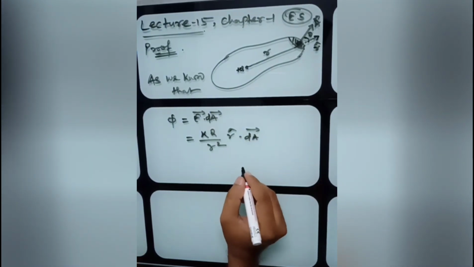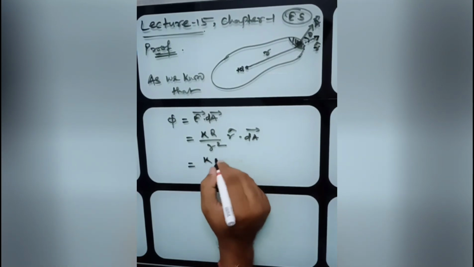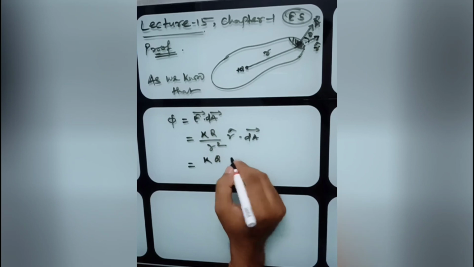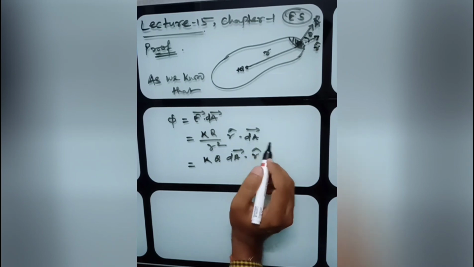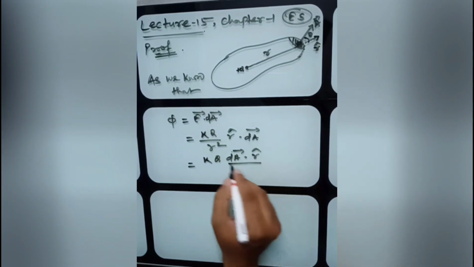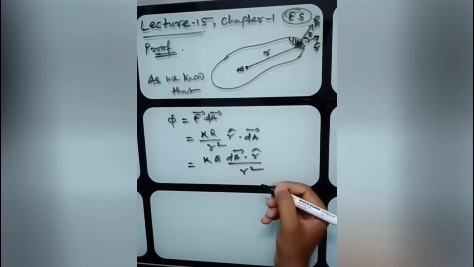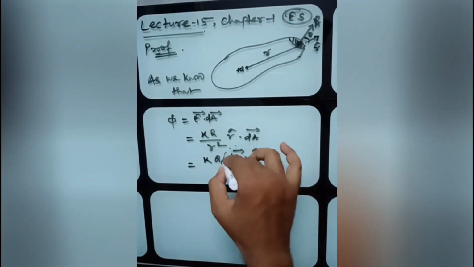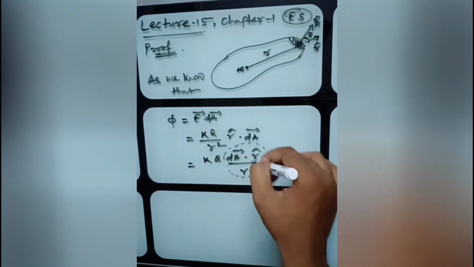All right, now we can write here kq into dA dot r cap, or r dot dA, since A dot B equals B dot A, divided by r square. Now try to recall the solid angle, student, this is the equation we have used for the solid angle.